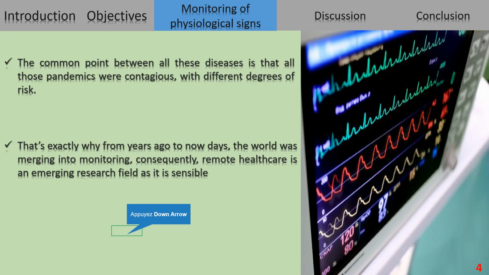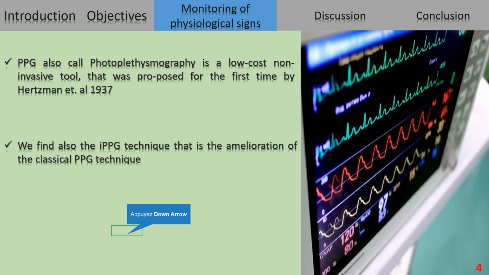Healthcare systems in such cases should be based on non-contact approaches to avoid any infection. That's exactly why, from years ago to nowadays, remote healthcare monitoring is an emerging research field.